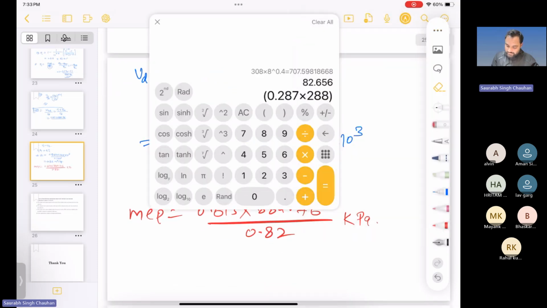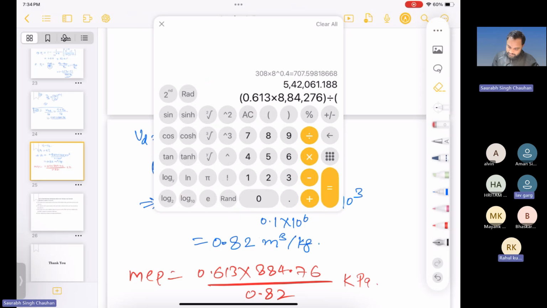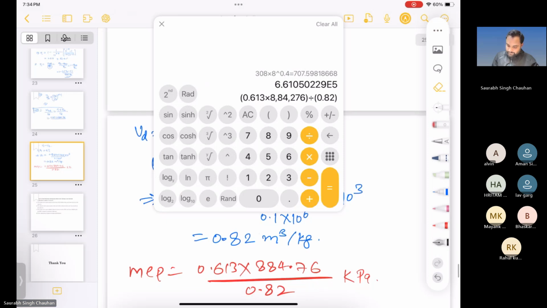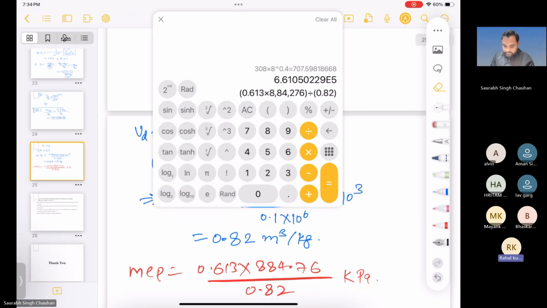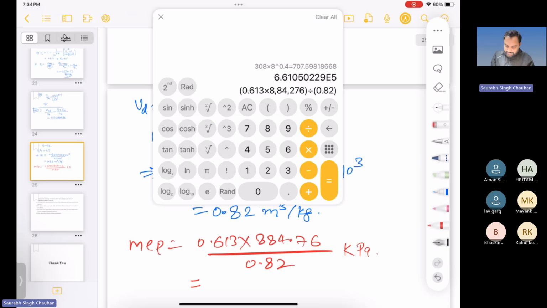And if you find this value, 0.613 multiplied by 884.76 divided by 0.82, it is coming out to be 661, right? Correct.